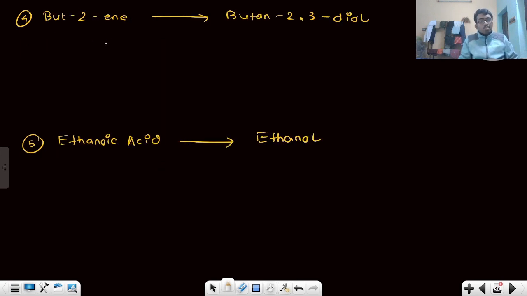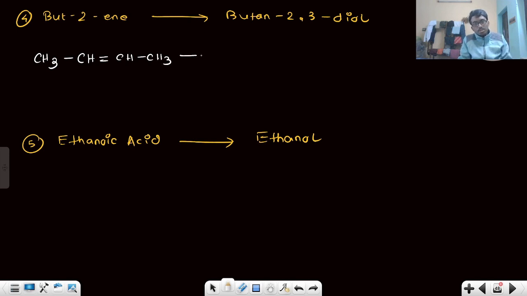Next, number 4. What do we have? But-2-ene to butane-2,3-diol. That's very simple. Just add water using Bayer's reagent. But-2-ene is CH3-CH=CH-CH3.